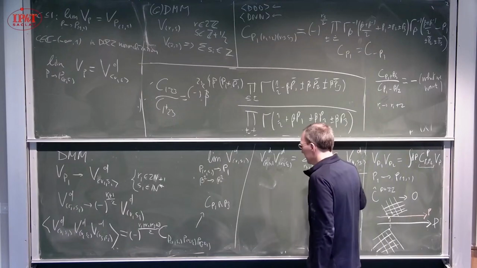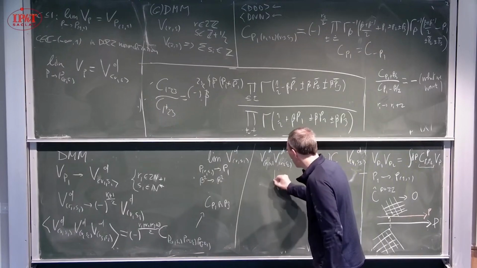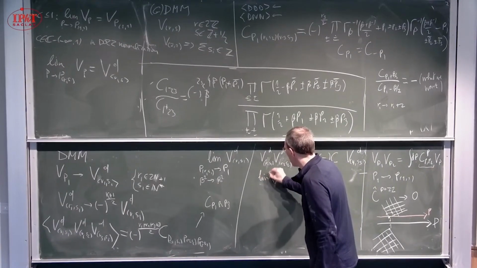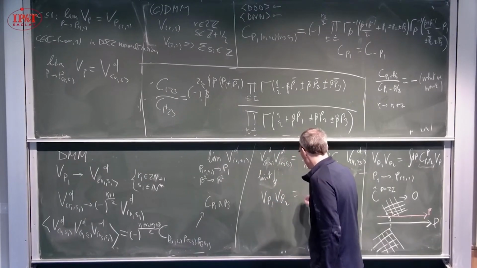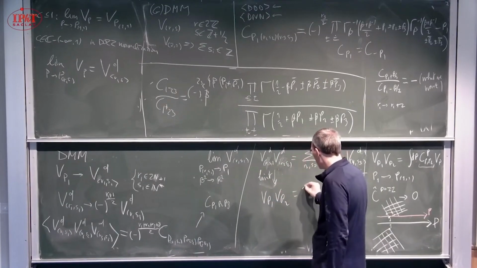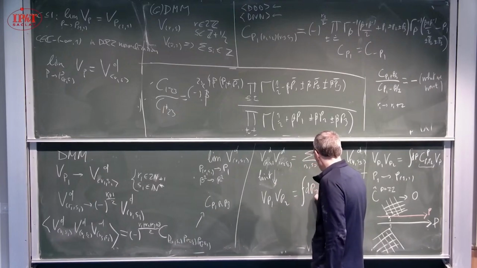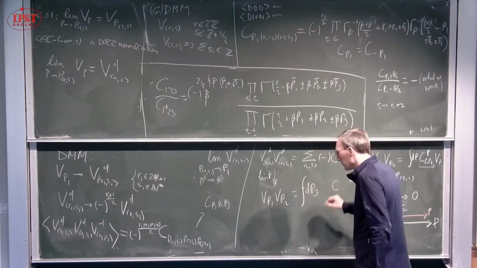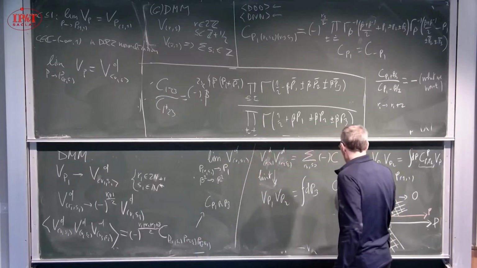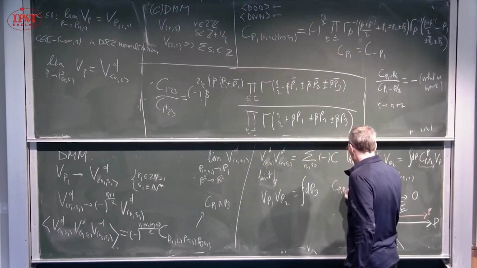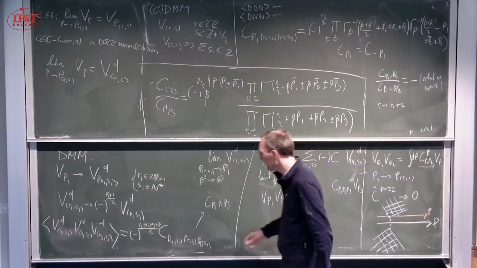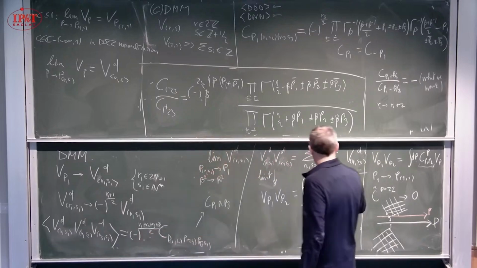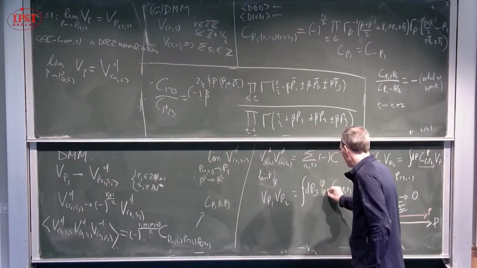Okay, so if you do that, you find in the limit, in this sum, V_P1 V_P2 with arbitrary momentum, and you find, as you would expect, an integral over P3. There is a prefactor coming from this prefactor here, which is C_{P1,P2,P3} V_{P3}, and you have an extra factor which essentially comes from this, which is a phi_{P1,P2,P3}.